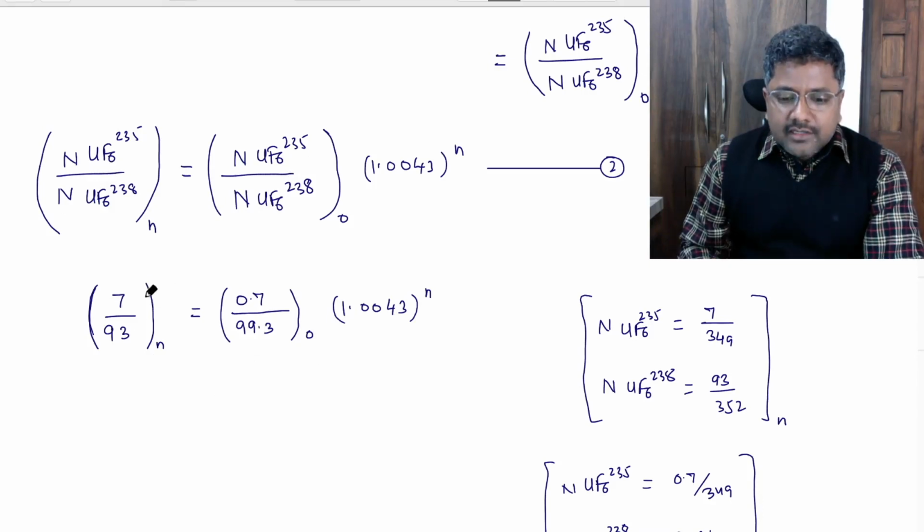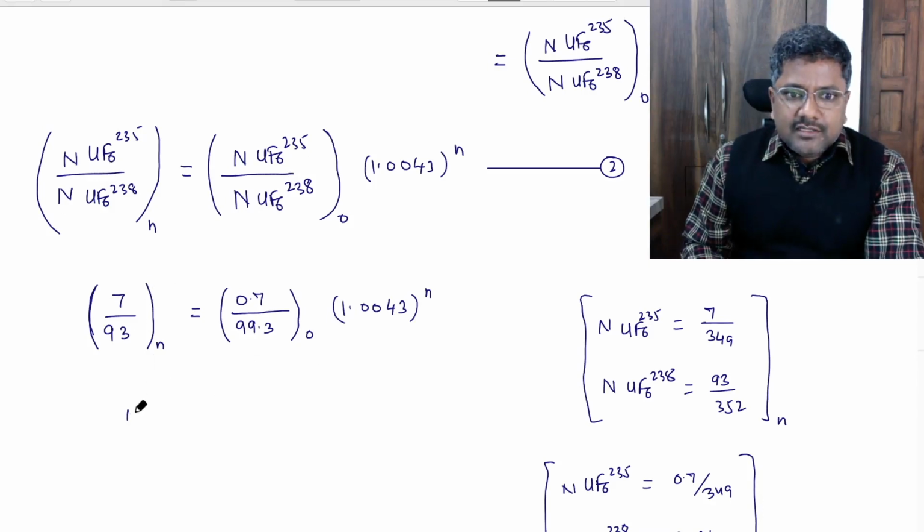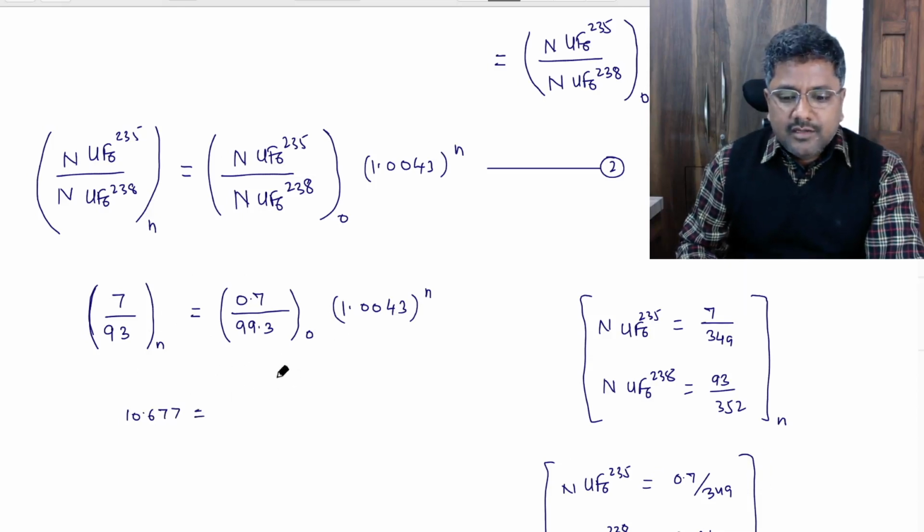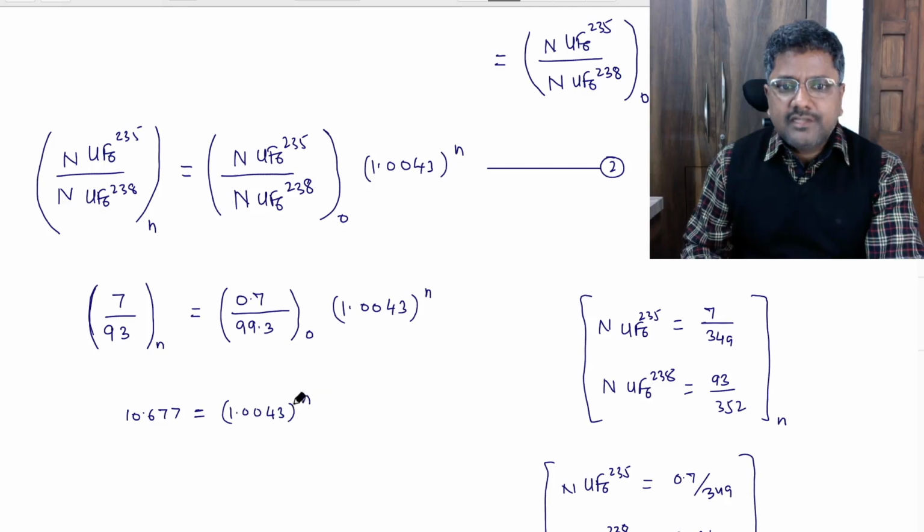Now we can divide this. 10.677 is equal to, if we do all these calculations, then this is equal to 1.0043 to the power n, right?